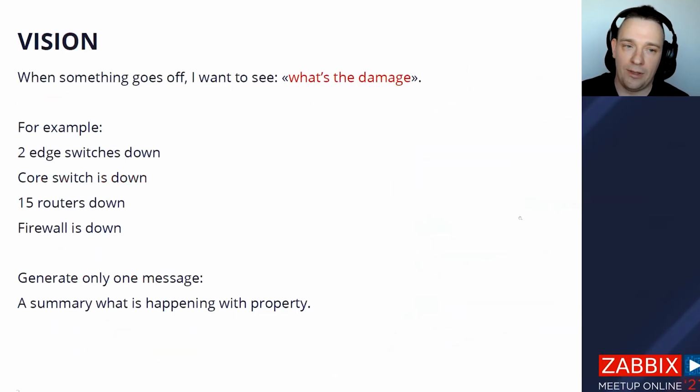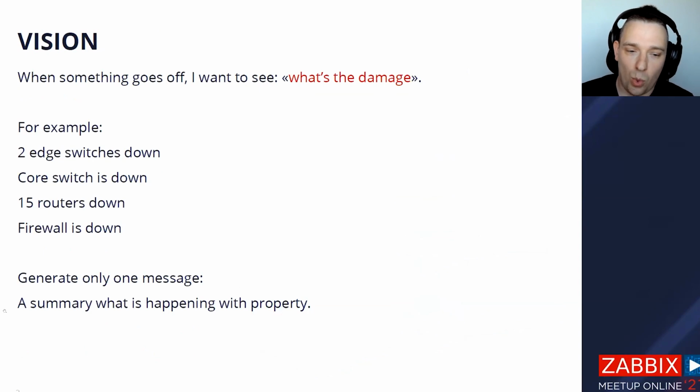Going further, the vision for the project is to see per client what the damage is, how many devices are down. If the router is down, that's maybe not a big deal, but if some switch or a core switch is down, then that's absolutely a disaster. Most likely the client cannot access anything inside the internet.